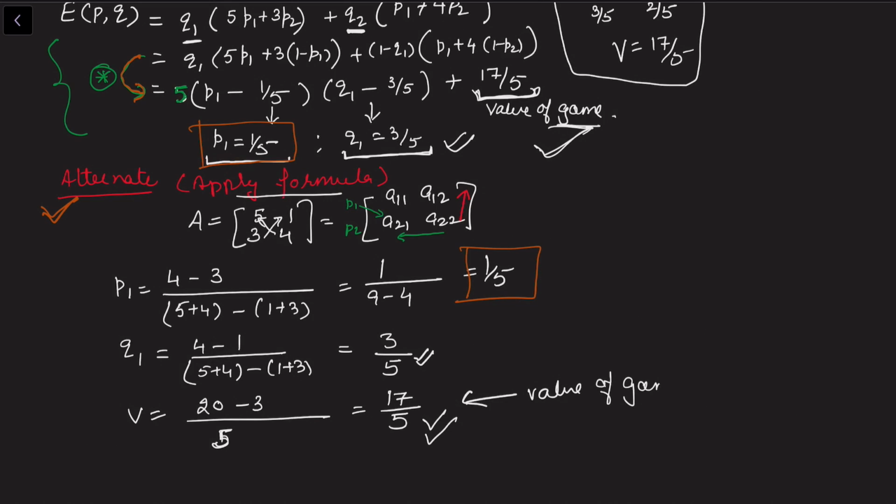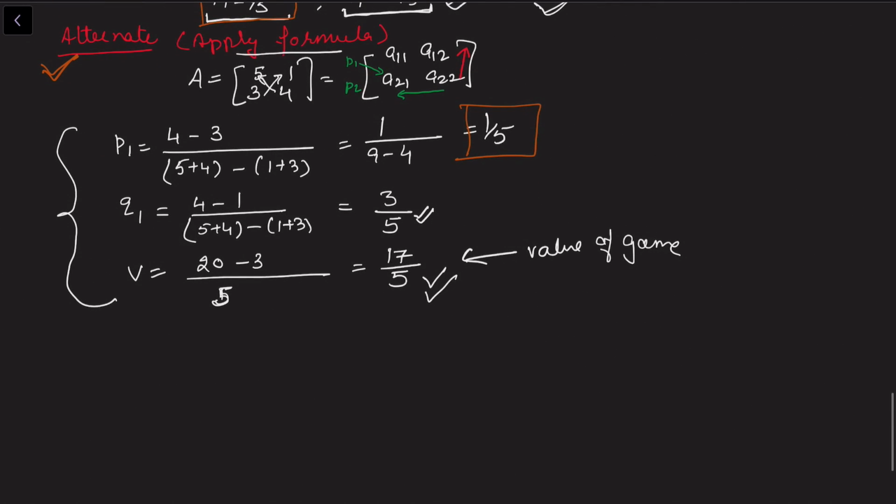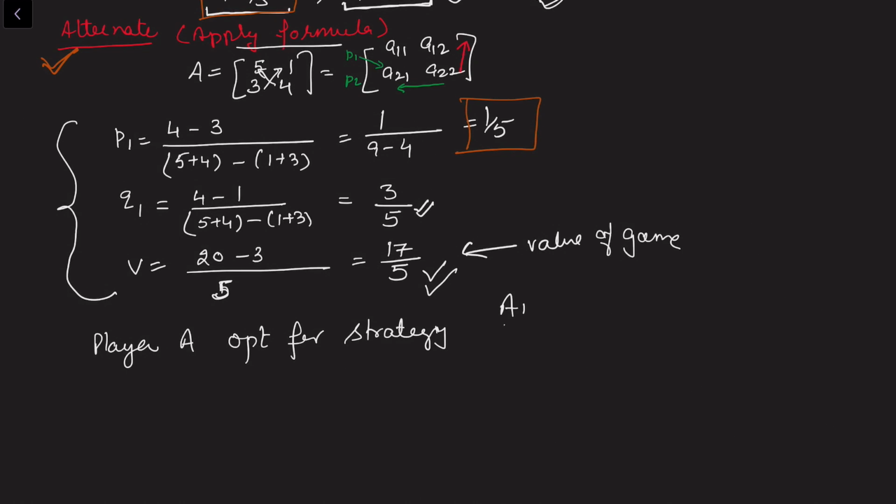So it is better that we apply the formula that we have derived in the theorem rather than following the steps of the theorem. And in the end, we may say player A opts for strategy A1 with probability P1, which is equal to 1 by 5, and A2 with probability P2, which is equal to 4 by 5.